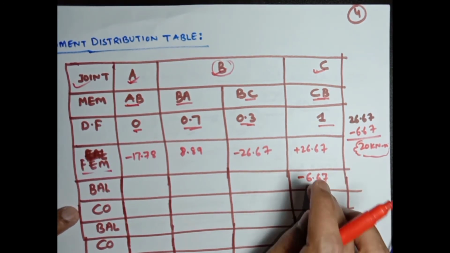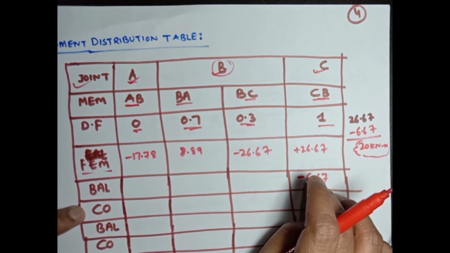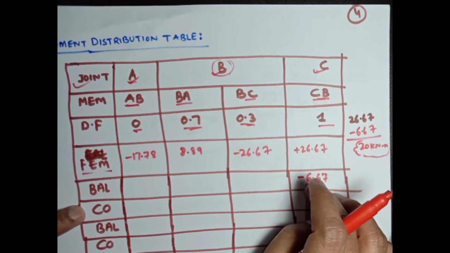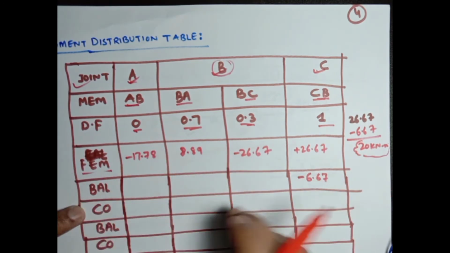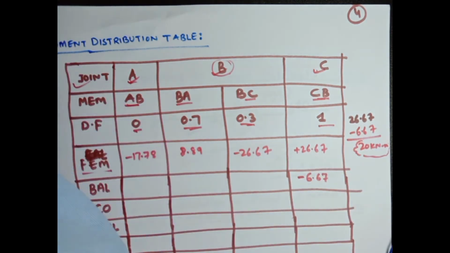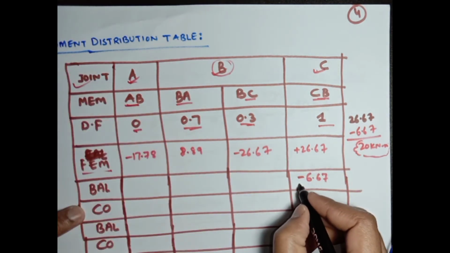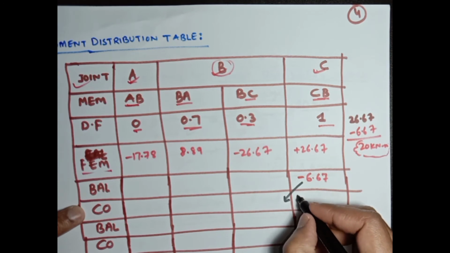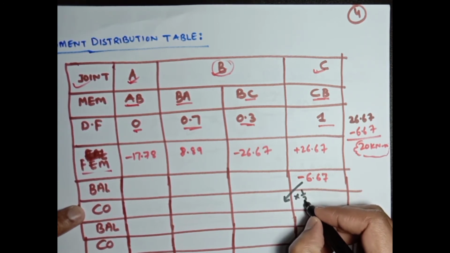So now this is the balancing moment, and this balancing moment needs to be carried to its nearest span, that is BC. Therefore we are going to divide this by 2, or you can say multiply with 0.5.